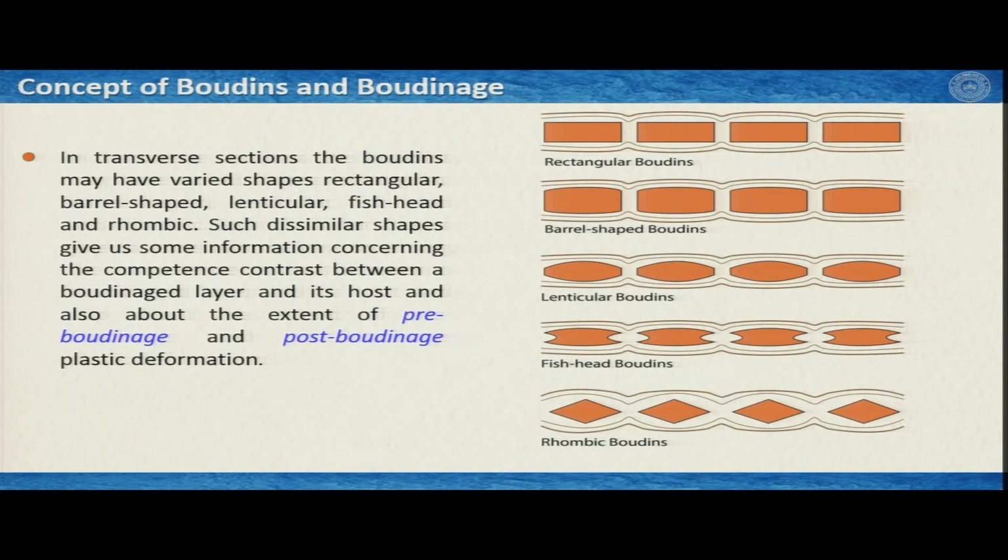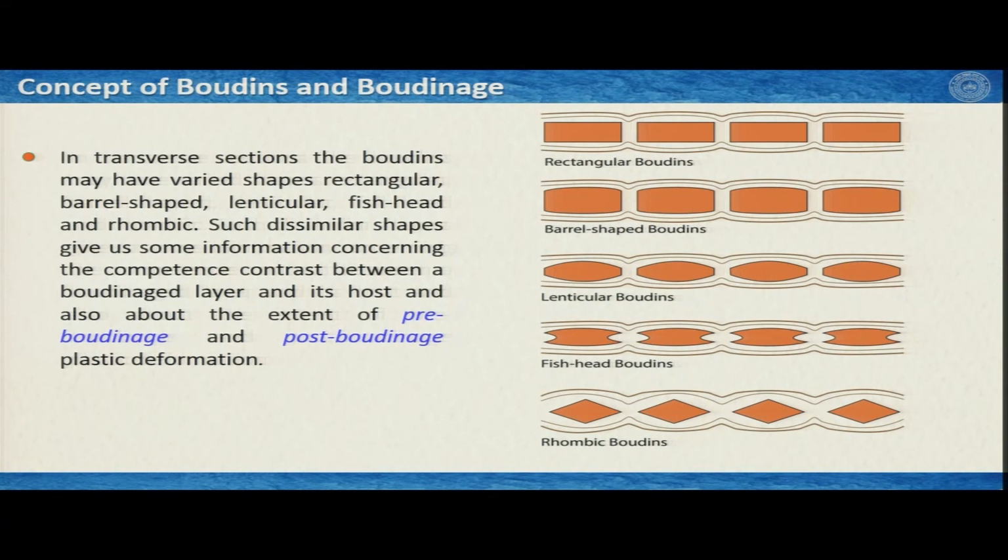So, you have learnt about it in the transverse section. We figured out that the Boudins may have varied shapes, and these could be rectangular, barrel shaped, lenticular, fish head and rhombic shapes.